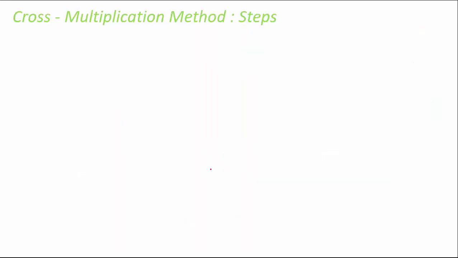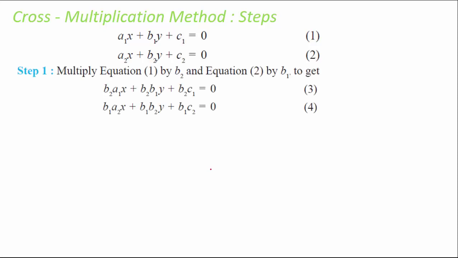Let's now talk about the cross multiplication method. We will very quickly look at the steps. Let us suppose we are given these two equations, a1x plus b1y plus c1 equals 0 and a2x plus b2y plus c2 is equal to 0. Now, what exactly we do in the cross multiplication method is that we multiply the first equation with b2 and the second equation with b1.